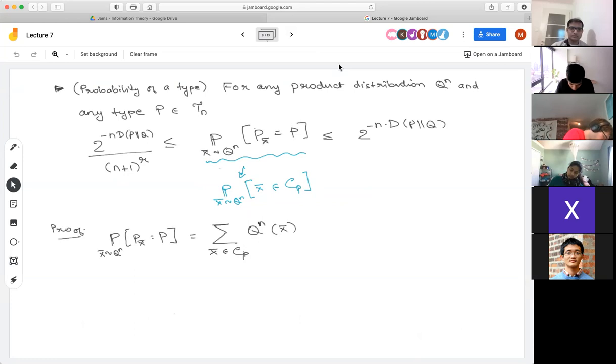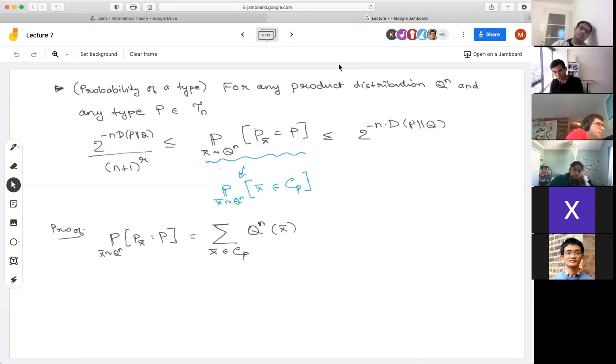Okay, and now we're almost ready to estimate the probabilities we want. We want to check, if you are truly sampling from Q, where again Q is arbitrary, not necessarily a type or anything, what is the chance that your sample looks like P?